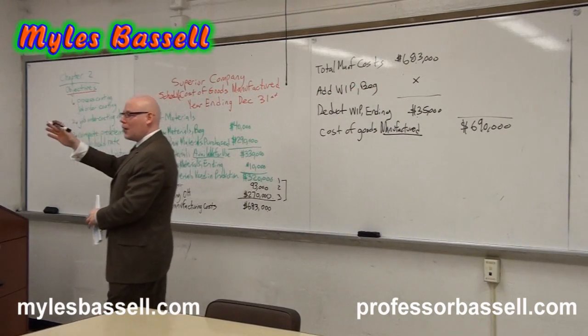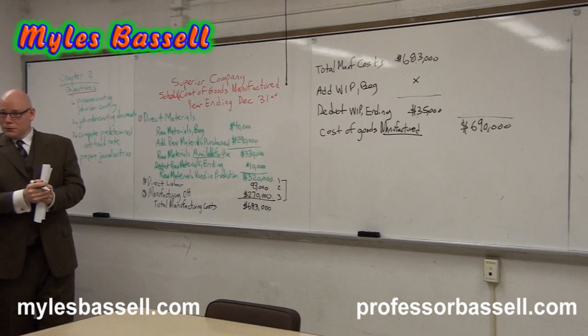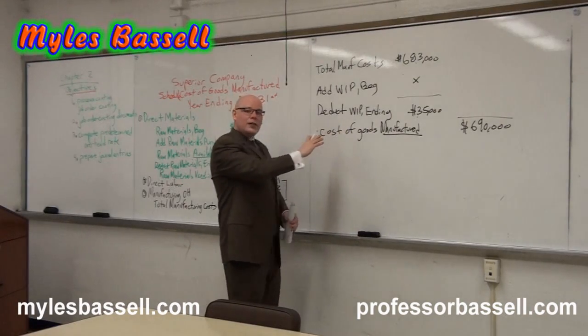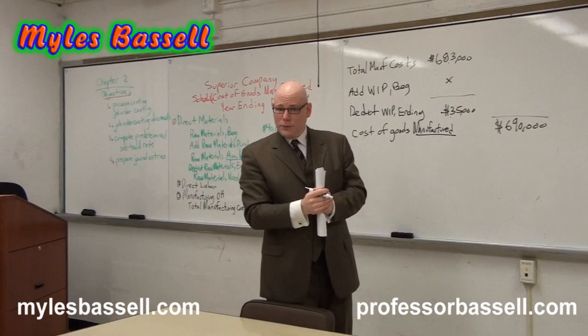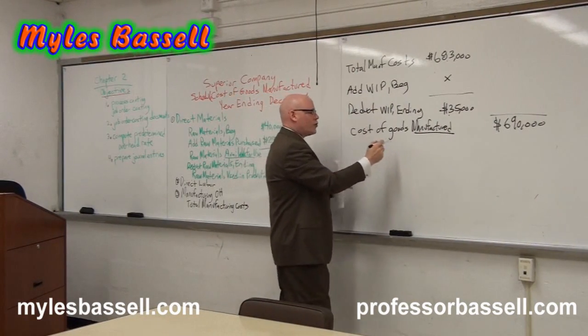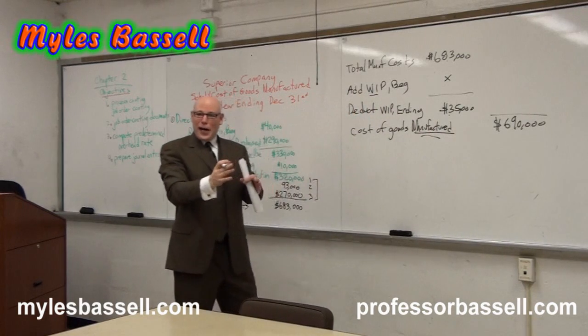Later we're going to use this information to calculate the cost of goods sold for the income statement. So we want to know the cost of goods manufactured. Isn't WIP? We manufactured WIP.